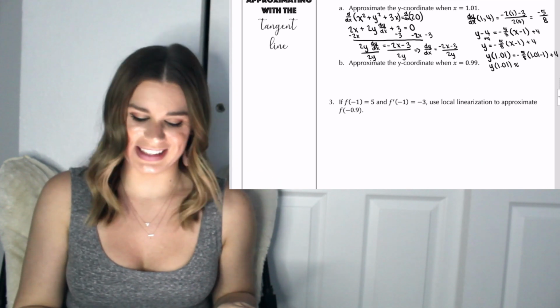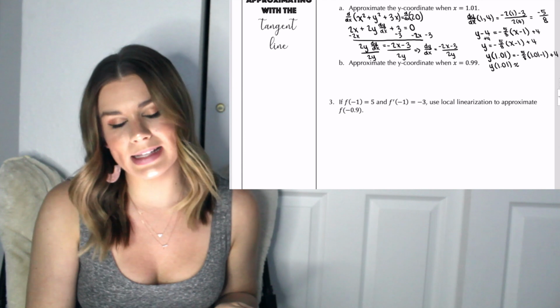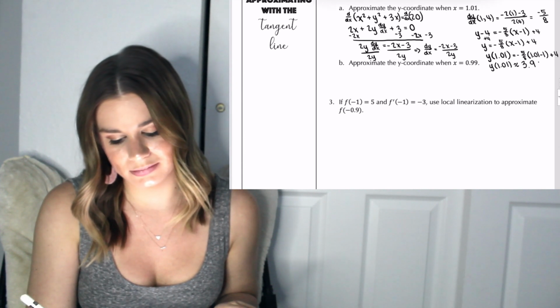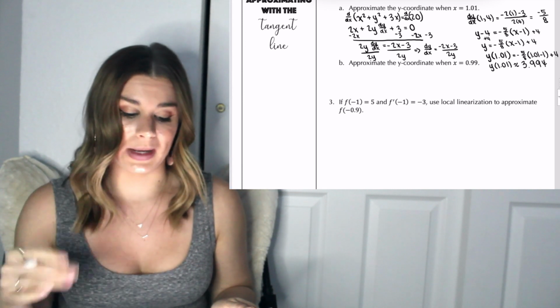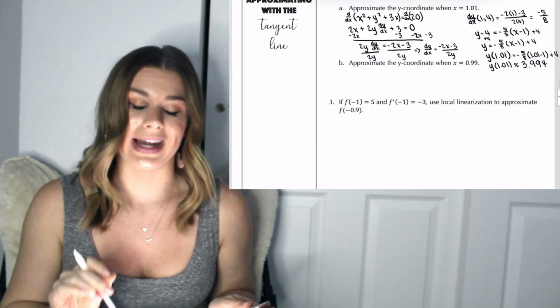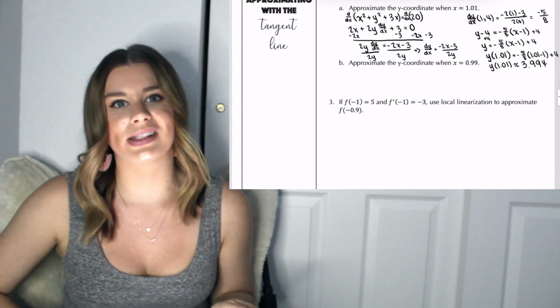After punching that into a calculator, we get y of 1.01 is approximately 3.994. So that means the y-coordinate when x is 1.01 is approximately 3.994 according to the local linearization process that we used.